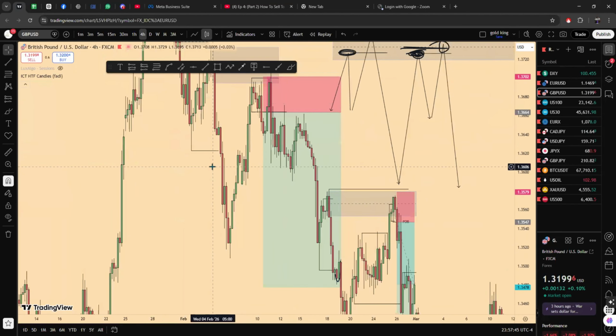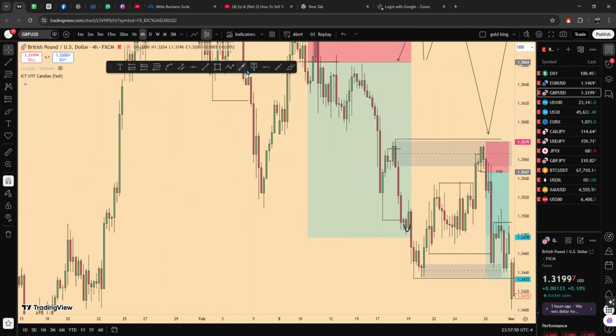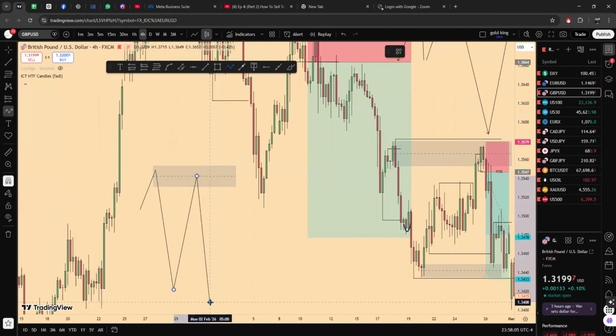Now, you will say that it's mitigating a point of interest. That's not the case. When you have a point of interest, it doesn't change the fact that there should be a manipulation or a stop point into that point of interest for you to get your number one. If price comes directly to this and then sells off, I told you that it's rare to have it.